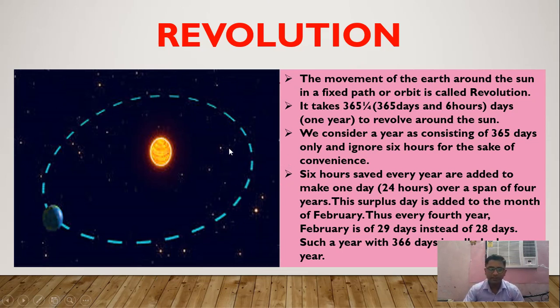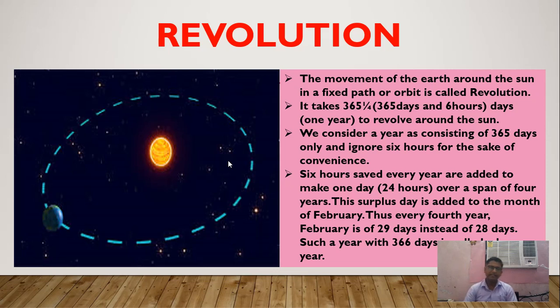It takes 365 days and 6 hours to complete one revolution, to complete one turn. एक चक्कर पूरा करने के लिए it takes 365 days and 6 hours.